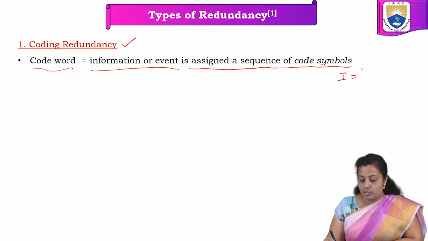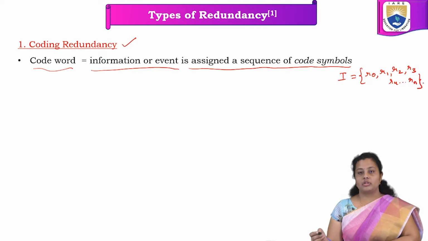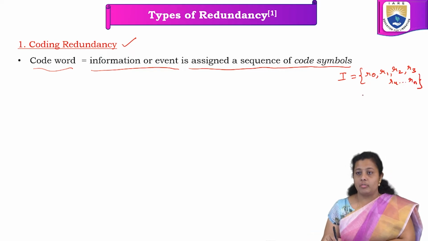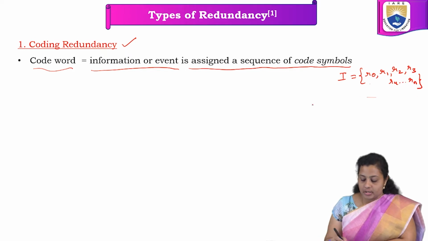And I have a group of intensities represented by R0, R1, R2, R3, R4, and so on, up to Rn. Suppose I have an image I, and the number of possible intensity values are R0 to Rn.